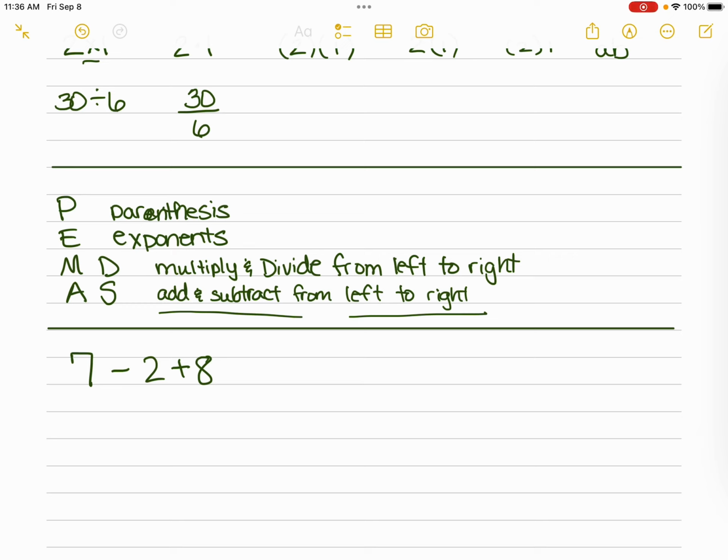So I would do the minus first because it's on the left. So I would have 5 plus 8. And then when I do that problem, 5 plus 8 is 13. If I had done addition first, and I did 2 plus 8 is 10, then 7 minus 10 is negative 3. That's wrong. That doesn't give me the right answer.